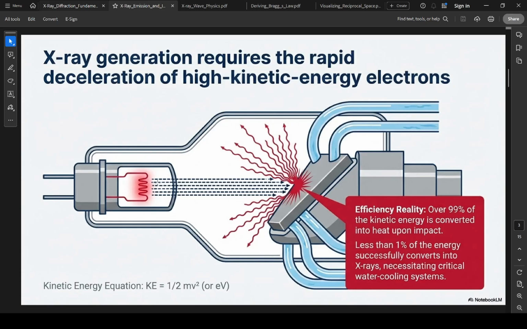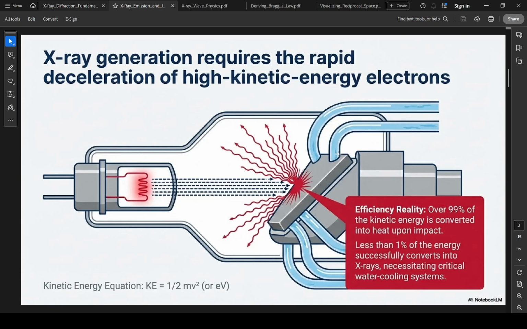By application of voltage across your cathode and anode, you eject electrons, and these electrons fall on the target material, and there they decelerate very rapidly. But 99% of that kinetic energy is converted into heat. So it heats the target material, the surrounding X-ray tube and everything.